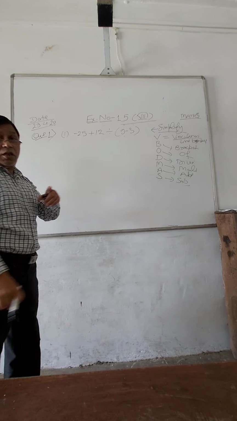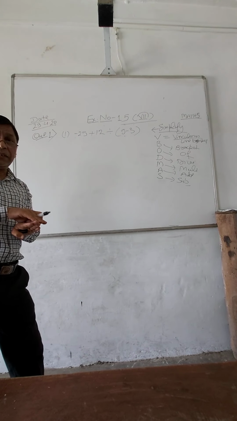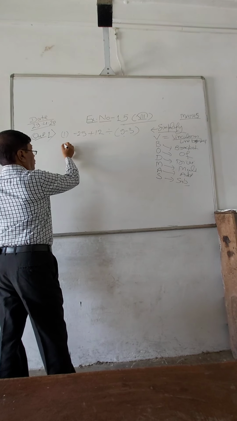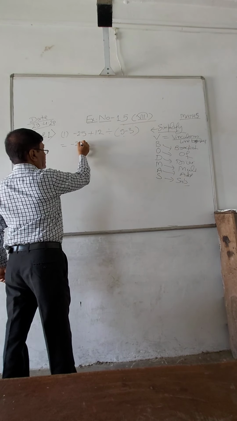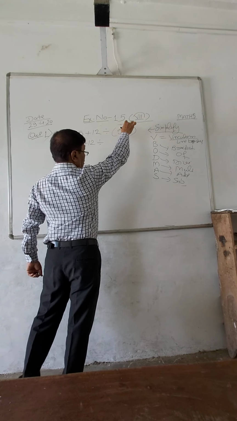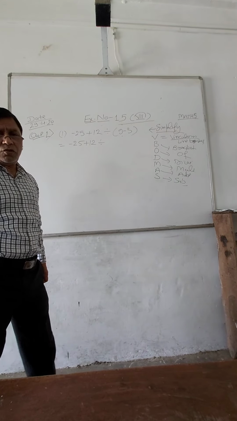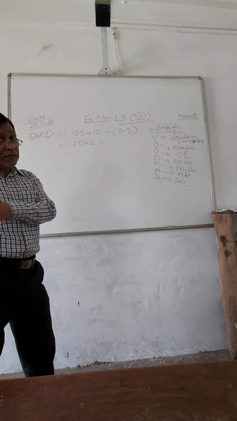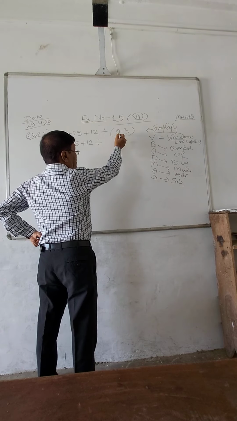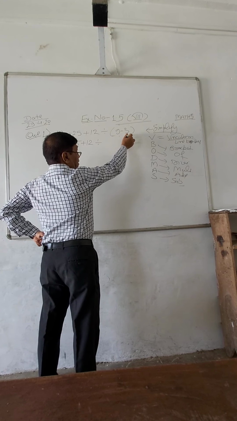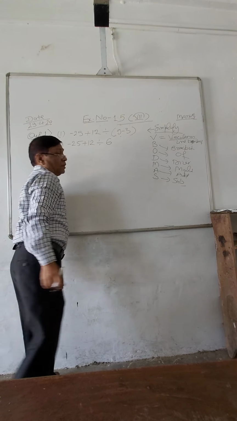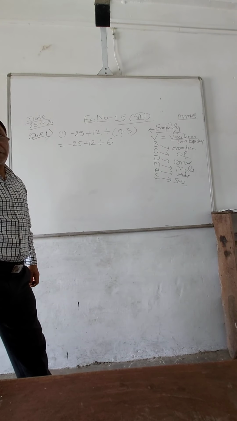So first solve the bracket, and after that division, then multiplication, then this one. Here minus 25 plus 12 divided by, first solve the bracket. In the bracket there are three types of brackets; in the next question I will explain. So first solve the bracket. Inside the bracket, what is 9 minus 3? It comes 6.